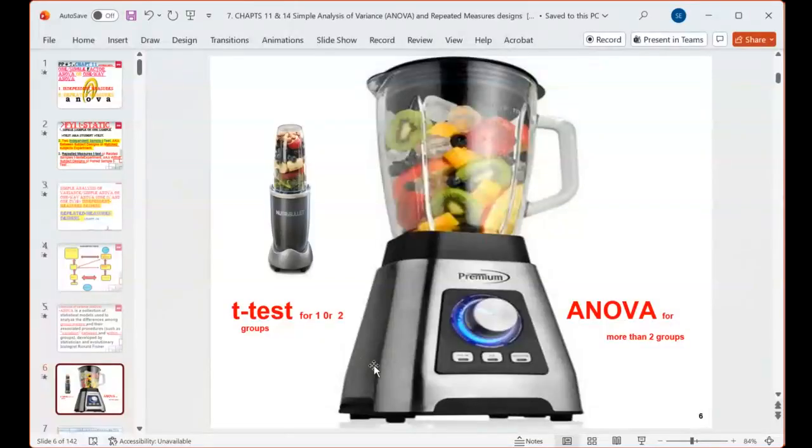But if you want to make more than two, three, four, five, or beyond that, you need a bigger machine. So that's ANOVA. It's pretty much like t-test, and you will see. More means more of everything. That means for ANOVA, we have more degrees of freedom between and within, SS between, within. So you're going to deal with more formulas.